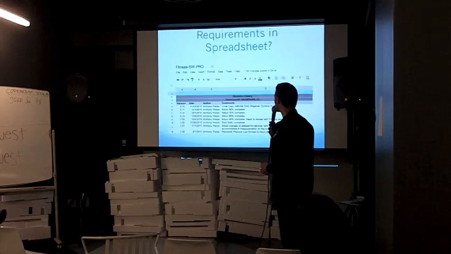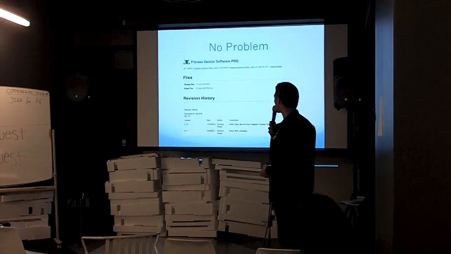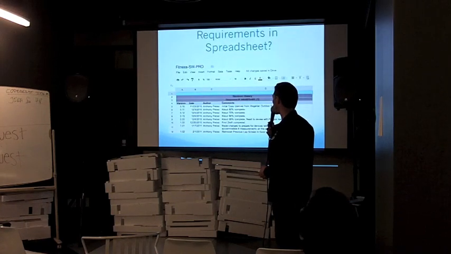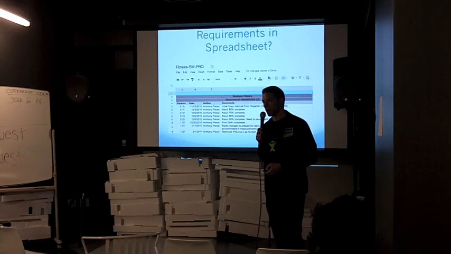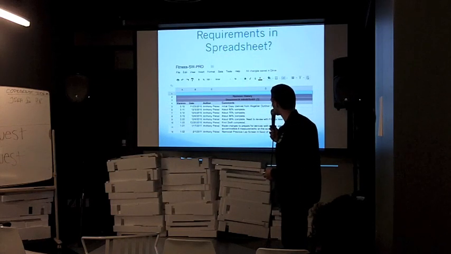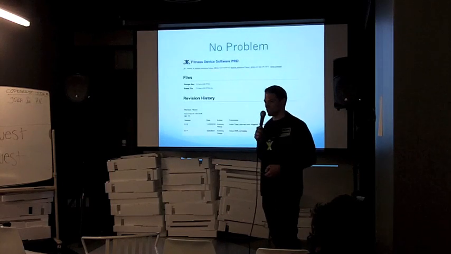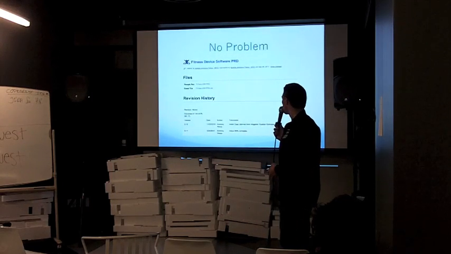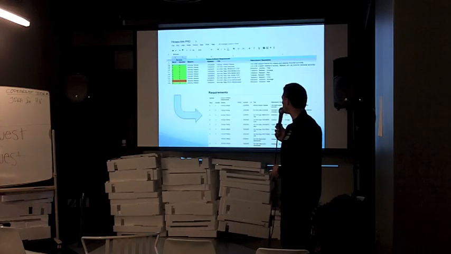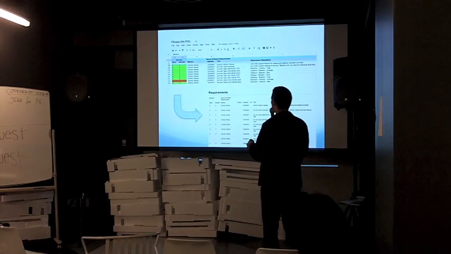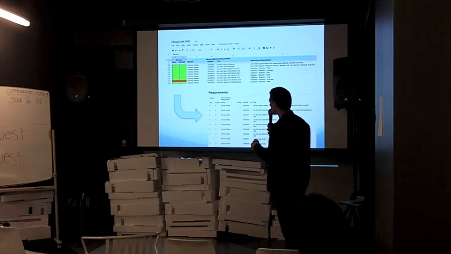Now, in my case, I'm not going to go into the actual spreadsheet, but I had hundreds of rows in my requirements. And so to just take that and throw that into a page was very daunting. But what I did have, you'll see right here, is I had each feature. So maybe I had a couple dozen rows for each feature.